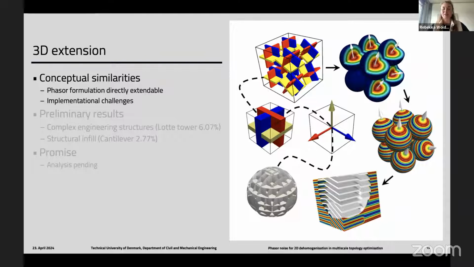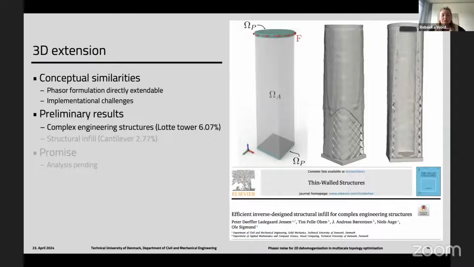But as with anything else, when you go to 3D, there are some implementational challenges and other considerations that significantly increase the complexity.